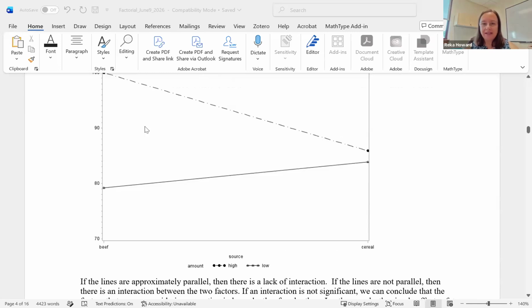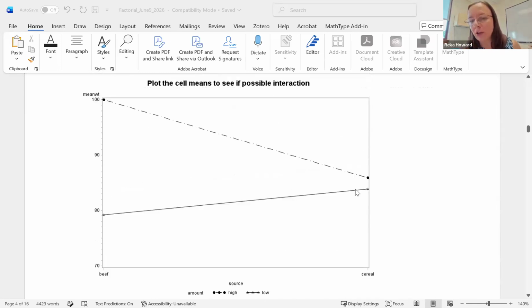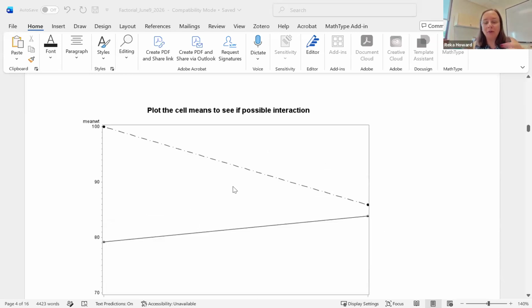And what I see is the lines are technically speaking not crossing. So when I really stretch this x-axis and make the distance between the beef and cereal really, really long, then I can almost make this figure look like these lines are almost parallel.